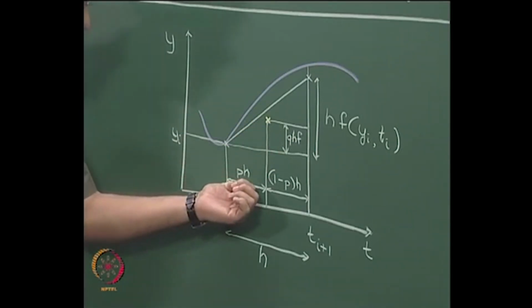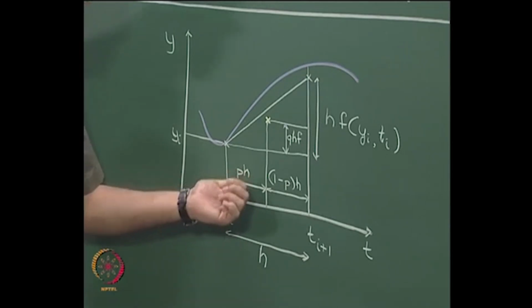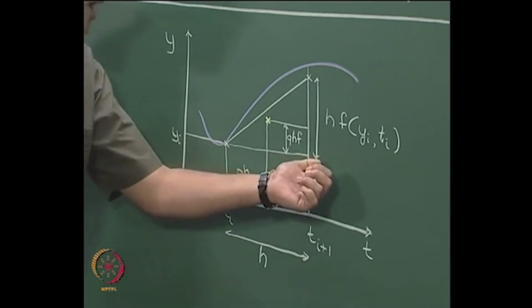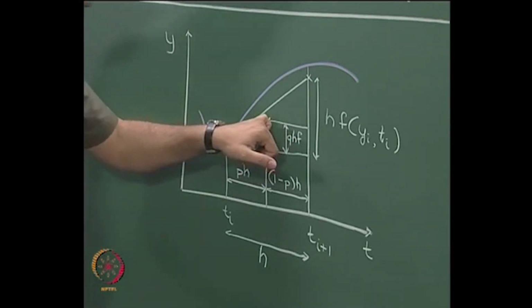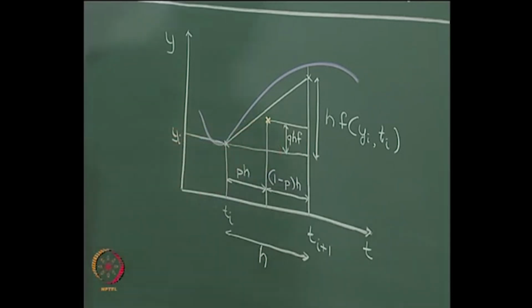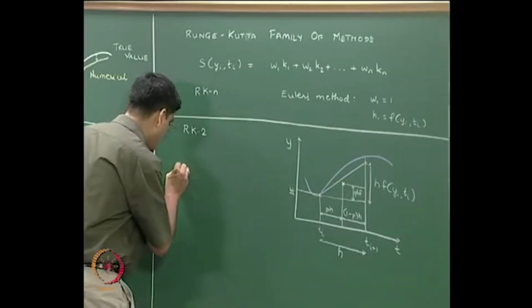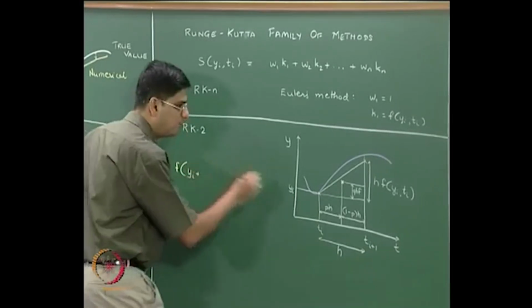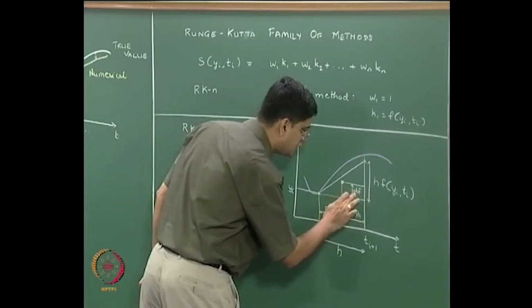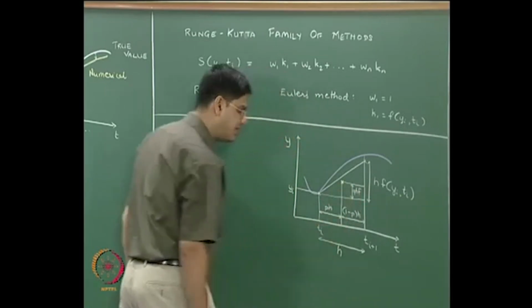Now this point is at a fractional distance of p from ti and a fractional distance q from yi. Okay. So that is where this point is located. Now what we are going to do is find the function value f computed at this particular point. So that function value is going to be f computed at yi plus q multiplied by h multiplied by f.